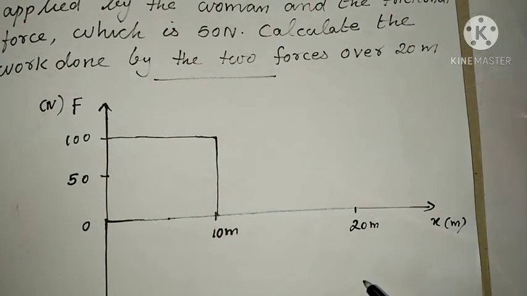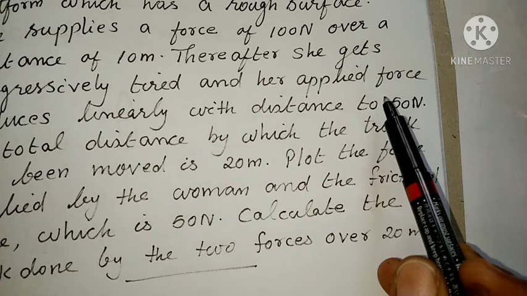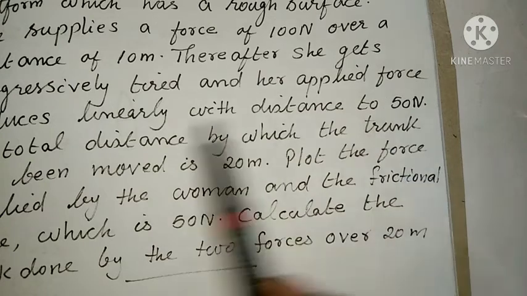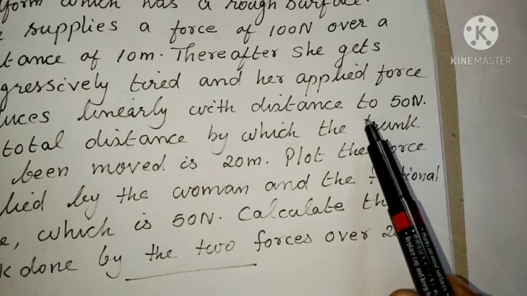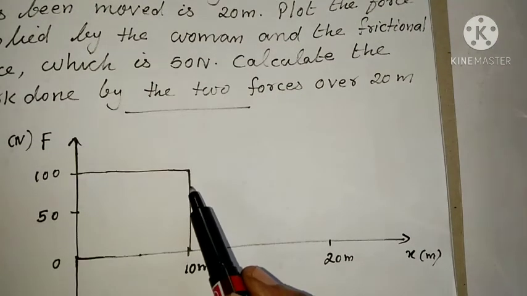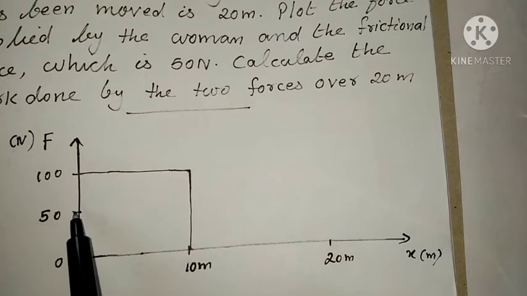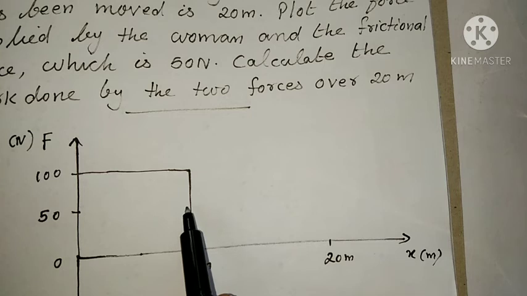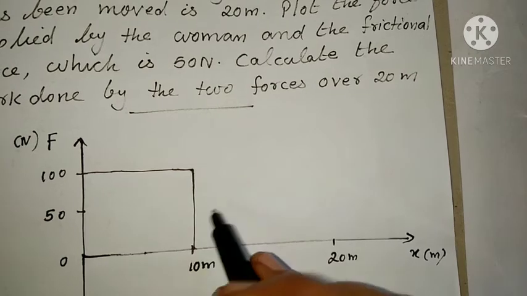Then what happens? Thereafter she gets progressively tired and her applied force reduces linearly with distance to 50 Newton. The force reduces to 50 Newton, but the total distance travelled by the trunk is 20 meter.